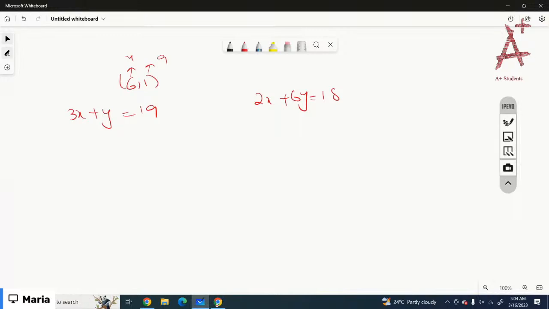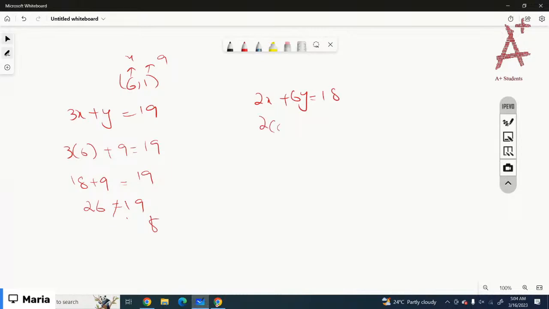Just replace x and y with the values: 3 times 6 plus y equals 19. So 3 times 6 is 18, 18 plus 9 equals 27. 27 equals 19? No. This one is false.